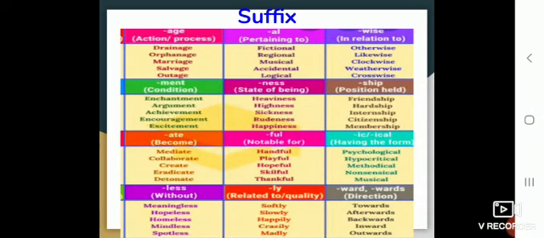So students, I hope you all understood the concept of affixes.